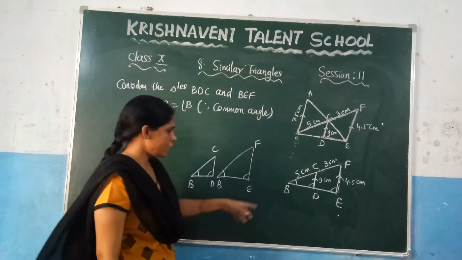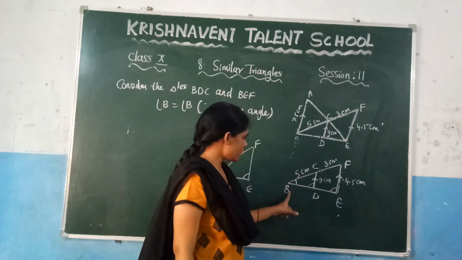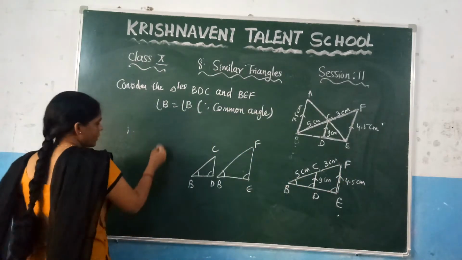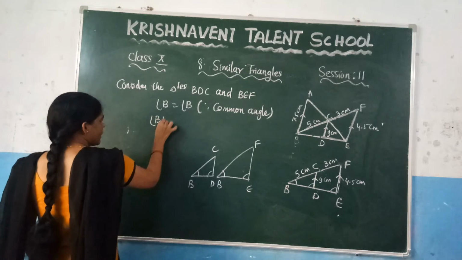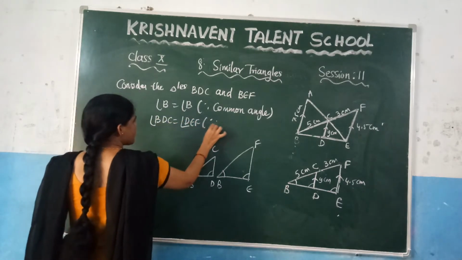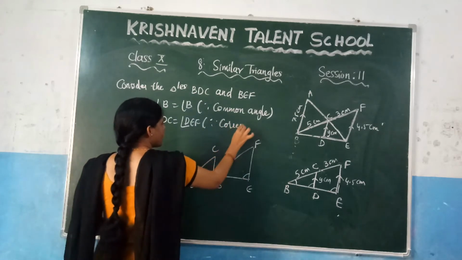And after that we got it here, angle BDC is equal to angle BEF. Why? The corresponding angles are equal. So write it here, angle BDC is equal to angle DEF, since corresponding angles are equal.